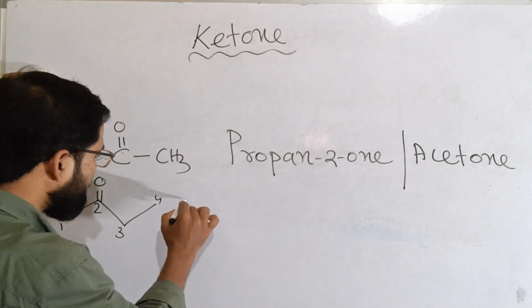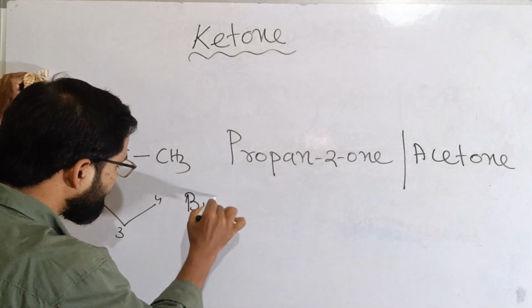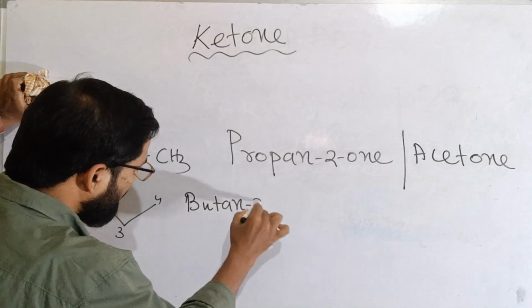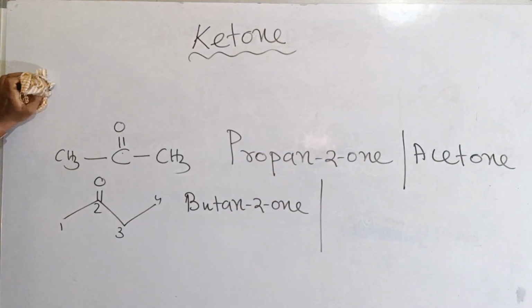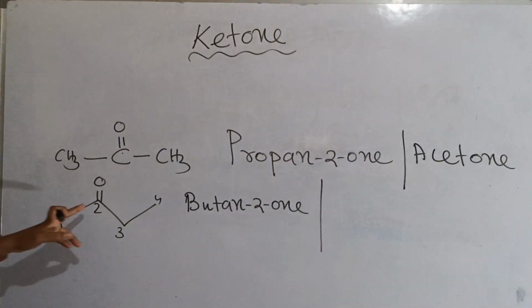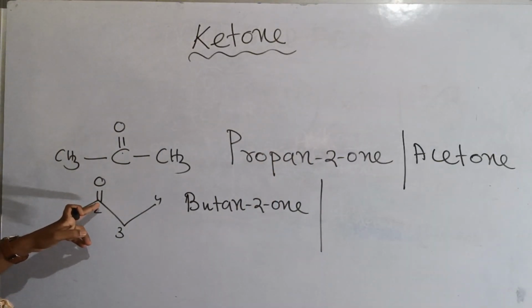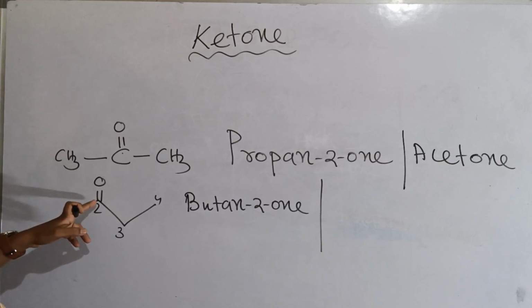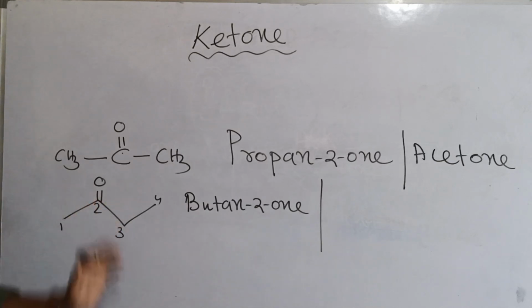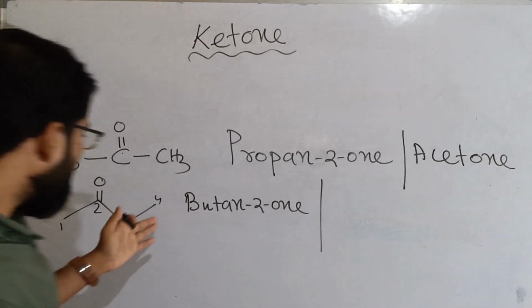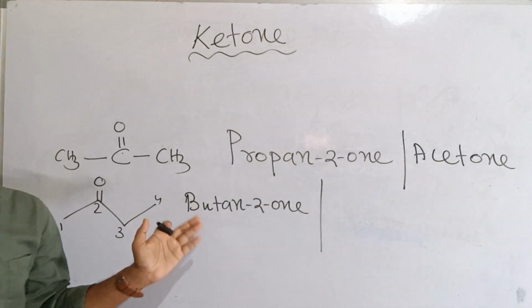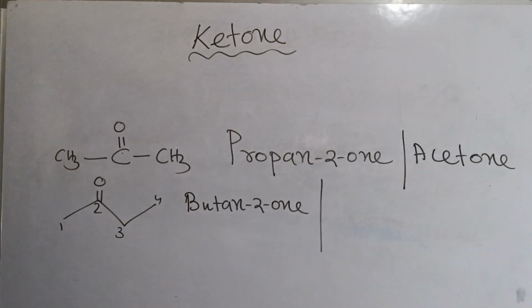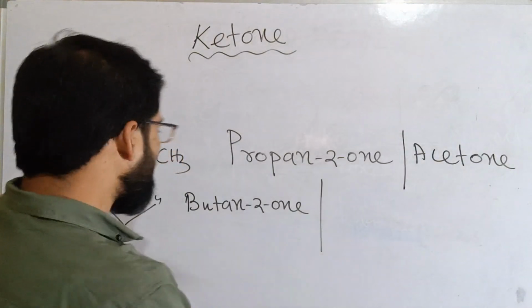So here butan-2-one. What will be the common name? On that carbon, one side is methyl, the other side is ethyl. So ethyl methyl ketone will be the common name.